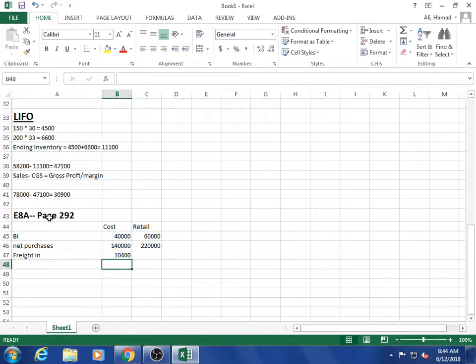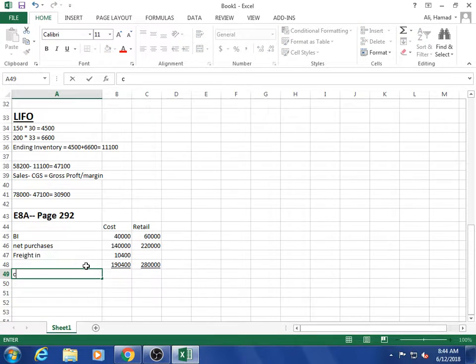Now we add the available for sale. So the available for sale is going to be all of these and all of these. Okay, so we have 190,400 and 280,000. Let me put a line under these two. Now, if we find the cost to retail ratio, what is the ratio of cost to retail?